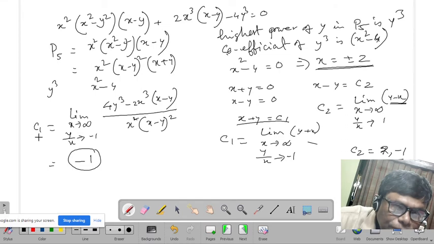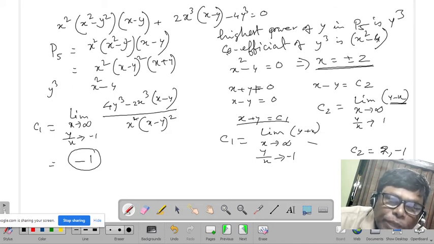This is case 1 and this is case 2, because here there is a repetitive factor, y minus x. But x plus y is not repetitive. So x plus y is case 1, so c1 will come out, and for y minus x there is a repetitive factor, so c2 will have 2 values.